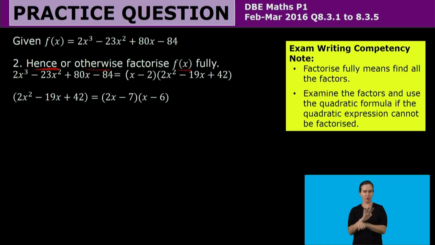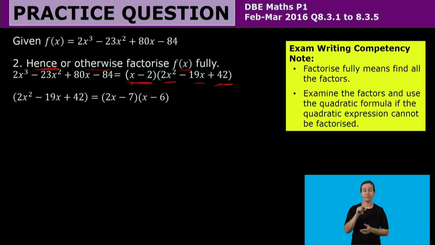Fully means that we've got all the x-intercepts. We've factorized completely and all we've got are brackets. We don't have terms there. So we've already figured out that x minus 2 is our factor. We're going to use division by inspection as my preferred method, but you can use synthetic division to work out your second bracket.